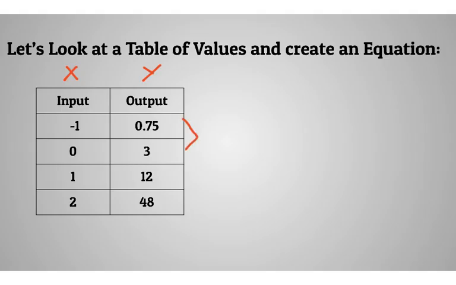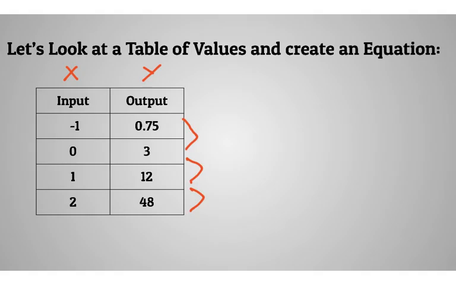In this case, it's definitely going by multiplication and not addition, because 3 plus 12 would be 9 and 12 plus 9 is not 48.